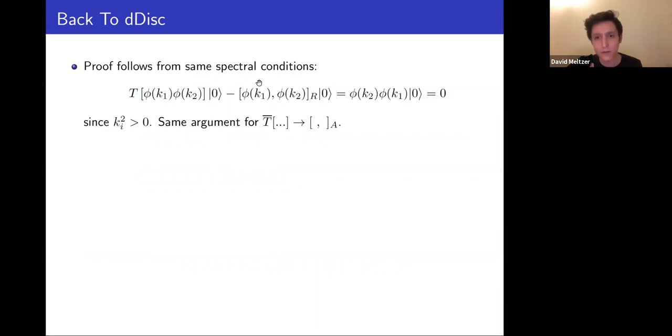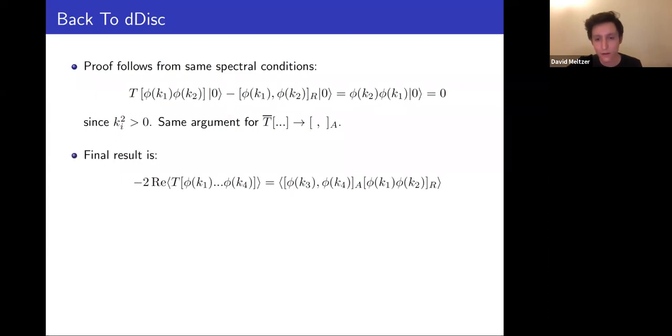If you expand things in terms of theta functions, you can show that the difference is the two operators acting directly on the vacuum. So again, this vanishes for space-like momenta. And we can use the same argument to replace the anti-time ordered operators with the advanced commutator.